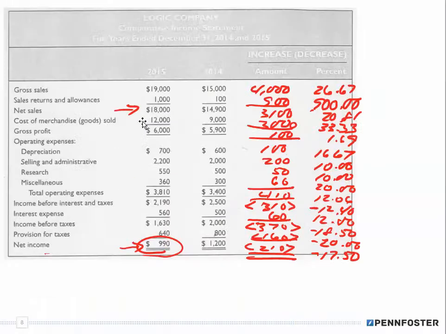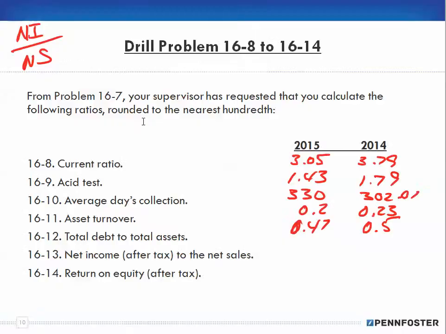So I said 990 and 18,000. So I have 990 divided by 18,000, which gives me 0.055 or 0.06 for the net income after tax to the net sales.